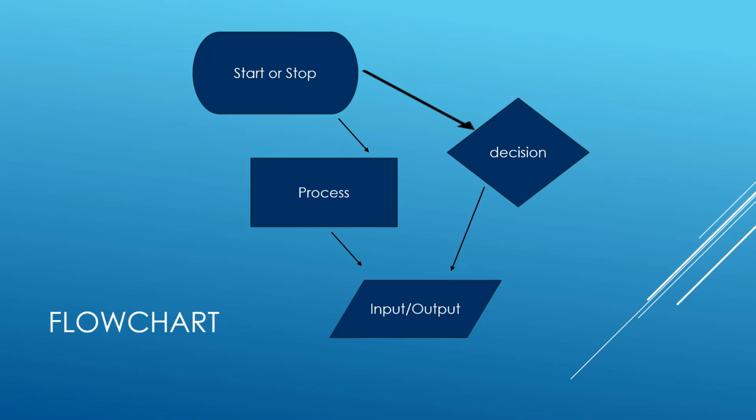When you get into printers, they have specific drivers depending on which printer you're printing to. So with the output here, we are simply printing something to the screen so that the user can see it and then ask a question. There are certainly more symbols in a flowchart than this, but these are the basic ones that I want to start with.